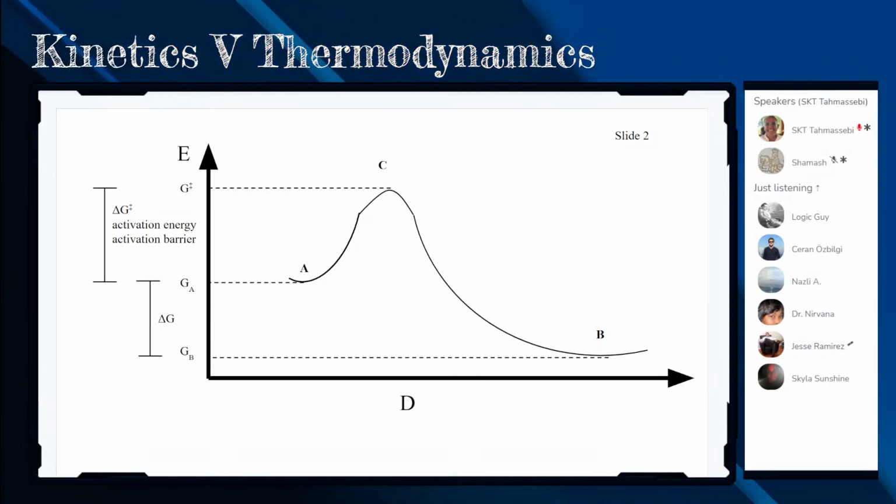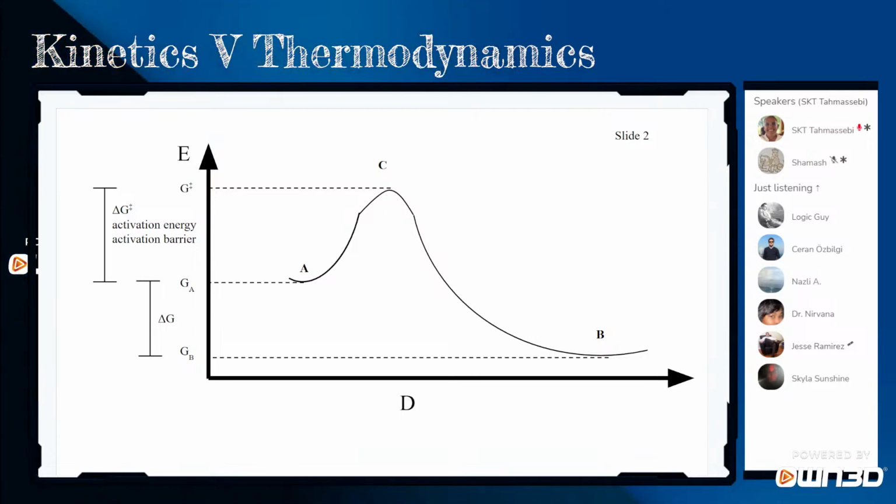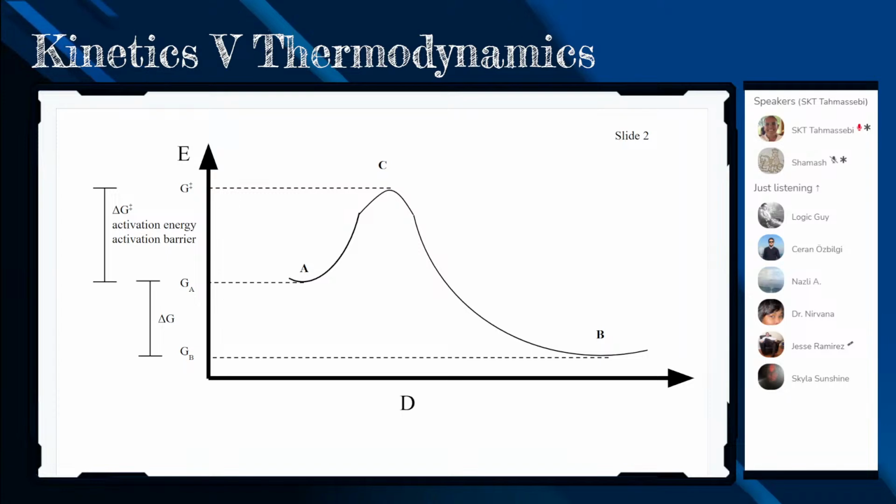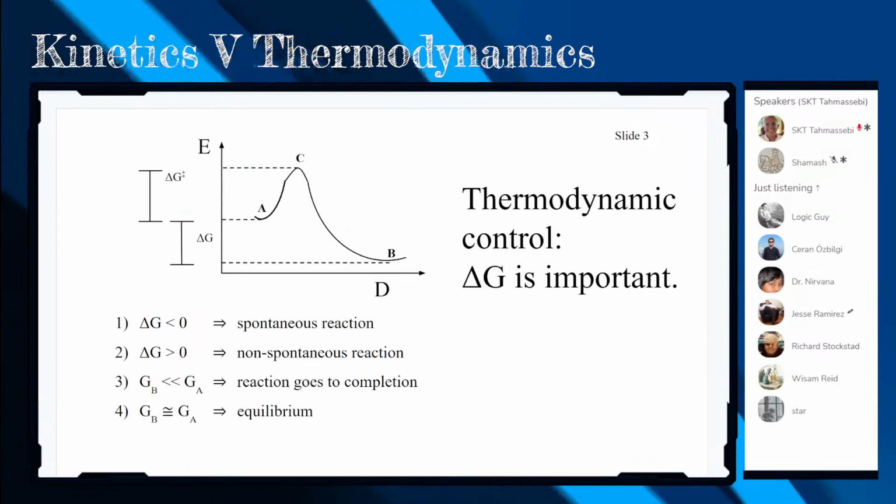So the reactants can very easily undergo reaction to form the products, and the reverse can also happen. That is, the products can react together and reform the reactants. The reaction can go in either direction when we're looking at thermodynamics, except for some special cases that we're going to talk about.